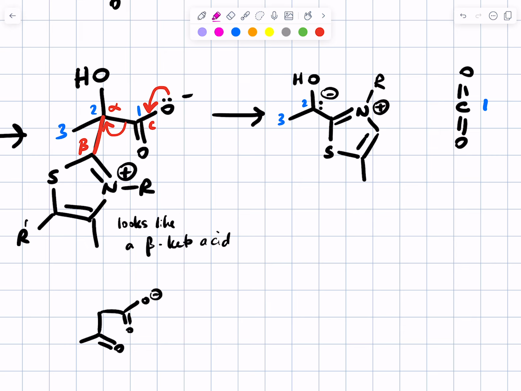And do you see how, and I won't draw this resonance structure, but do you see how the negative charge is conjugated with this pi bond such that this lone pair could actually be on that nitrogen? Maybe let's just make the point more clearly by actually drawing the relevant resonance structure.